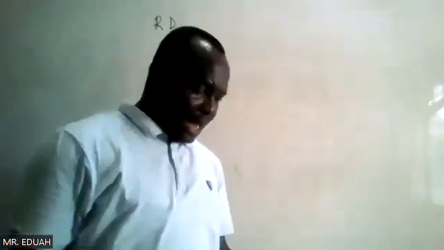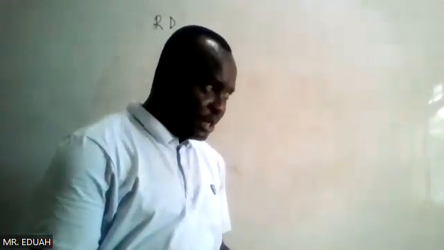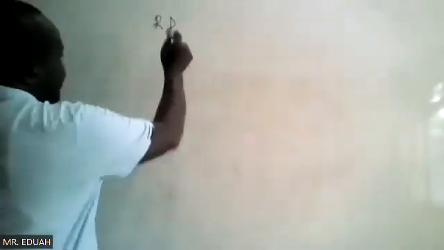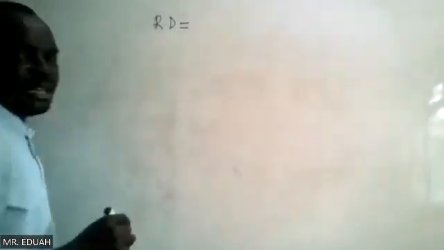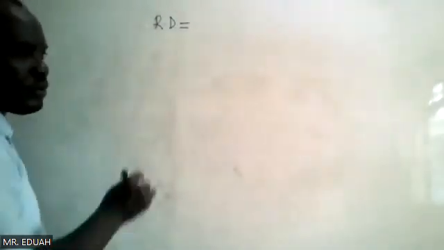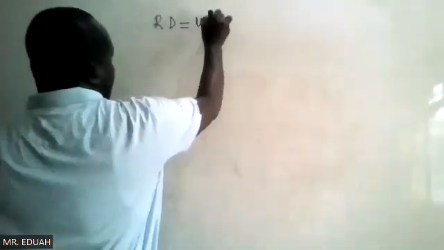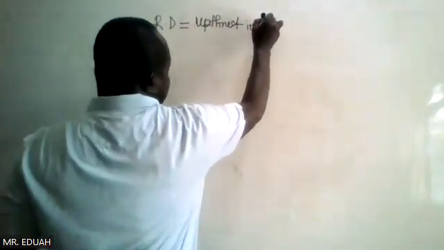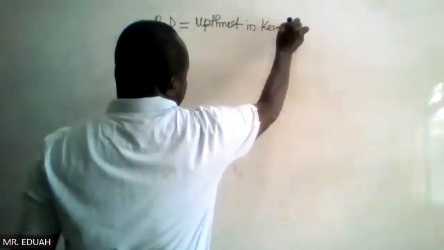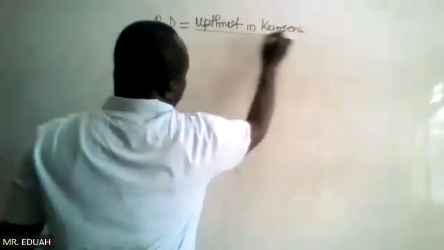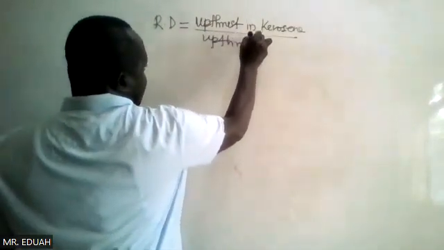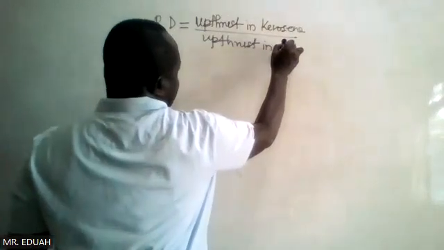Here, we are to determine the upthrust on the body whilst in the liquid kerosene. So the relative density is being expressed in terms of upthrust: upthrust in kerosene over upthrust in water.